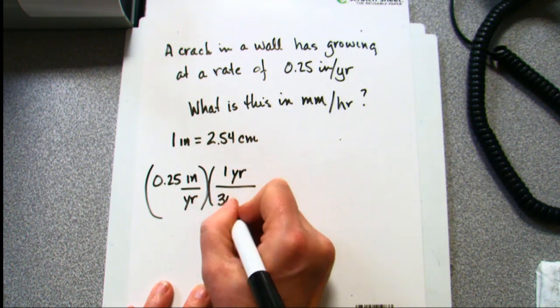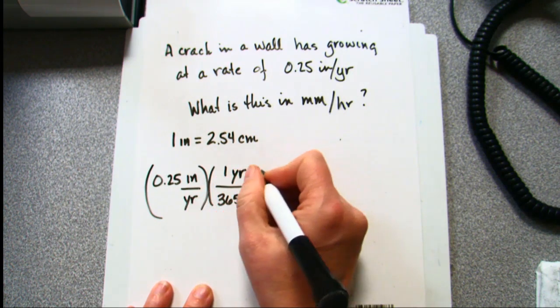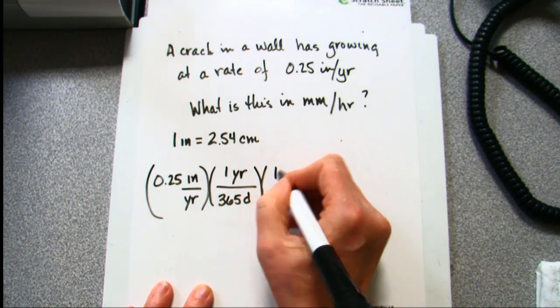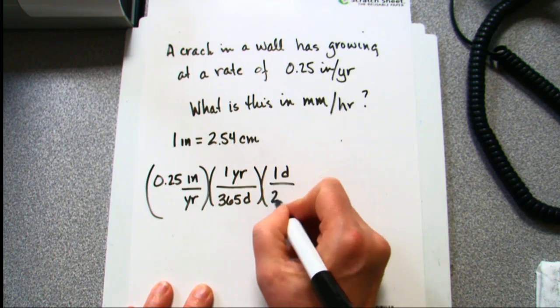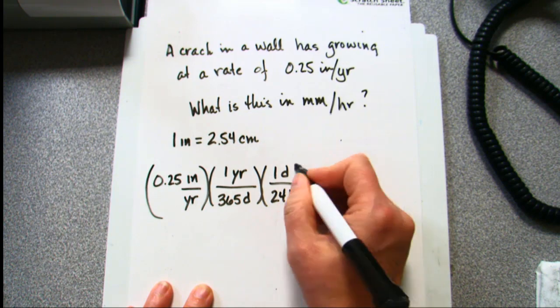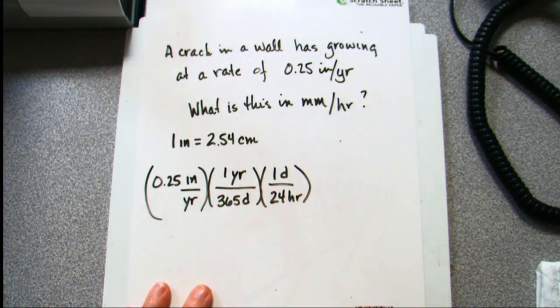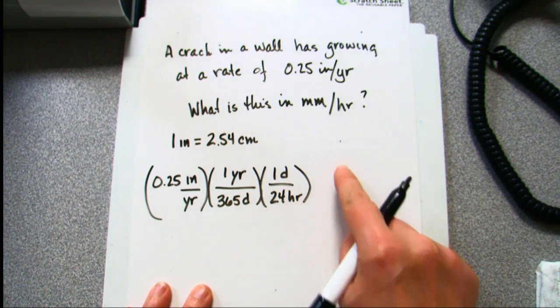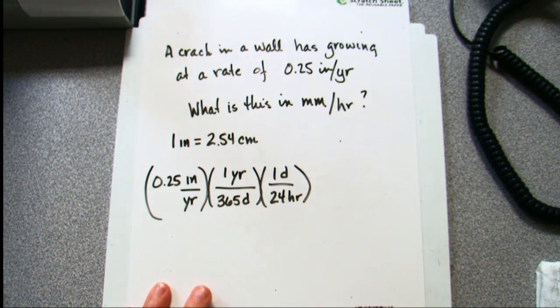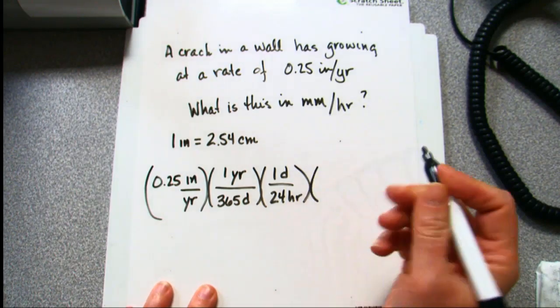There's going to be 365 days. And 1 day is 24 hours. So when I do that calculation, if I were to do that right now, I'd end up in inches per hour. But I'm going to go ahead and continue my conversion.